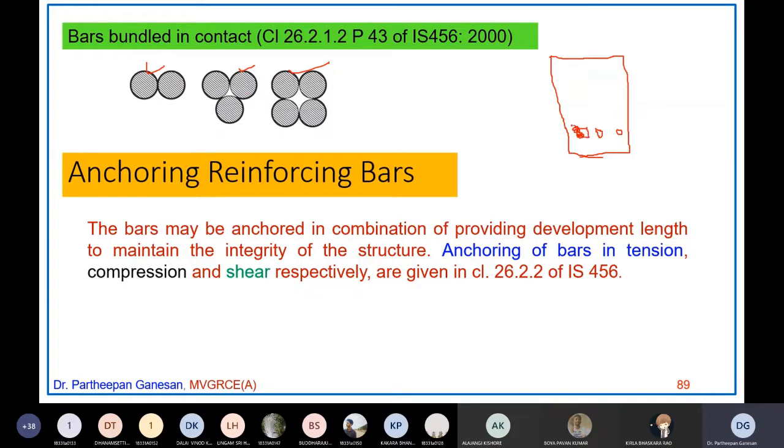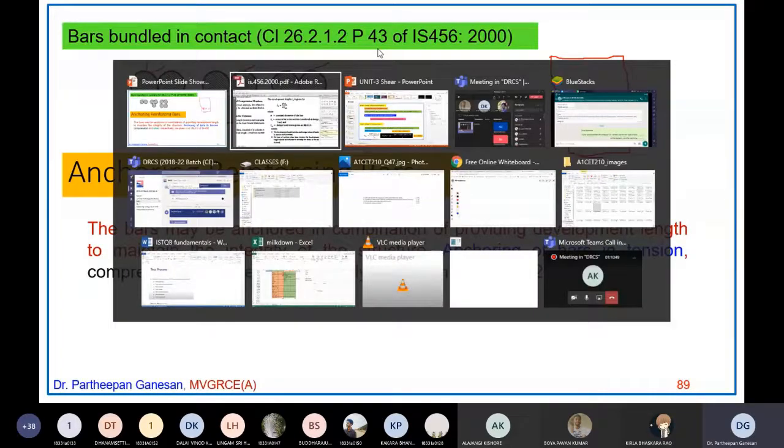This is called bars bundled in contact. It is again given on page number 43.